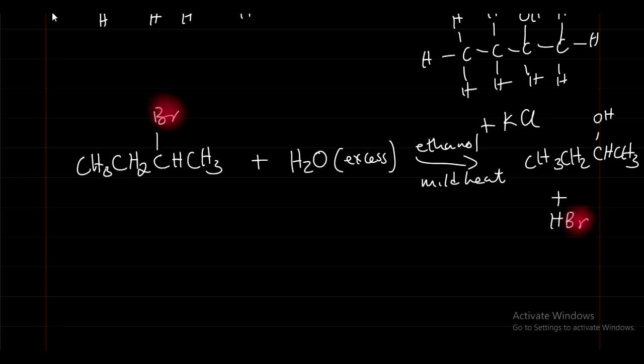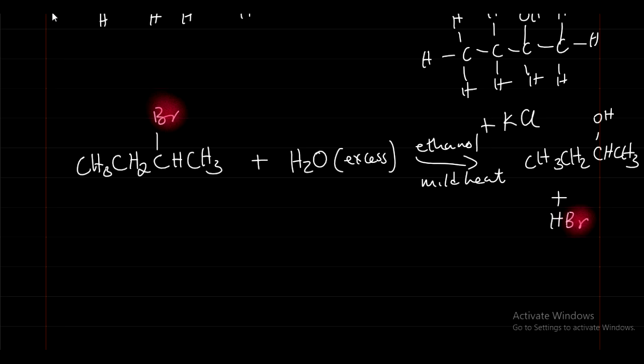Know your rules. Know the rule of Markovnikov, that when you add the OH group or the Br to an alkene, it will go to the most substituted carbon. The OH and the Br, they will go to the most substituted carbon. So you cannot have a functional group that is on the primary carbon.